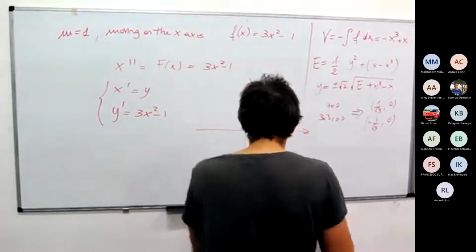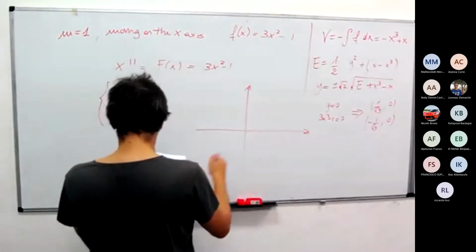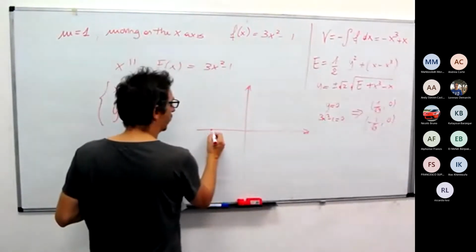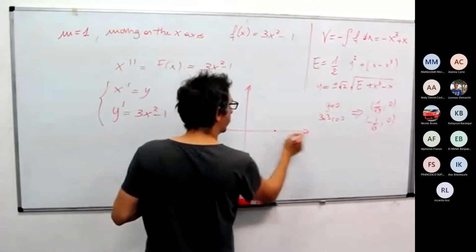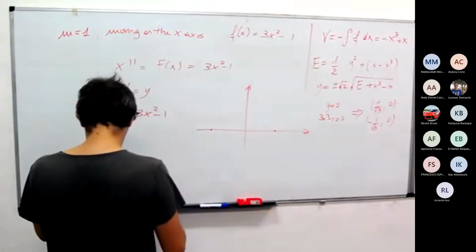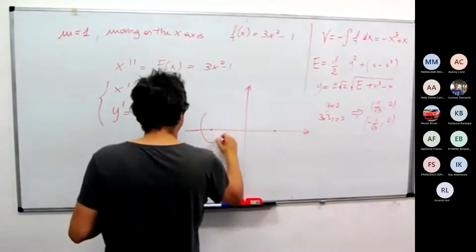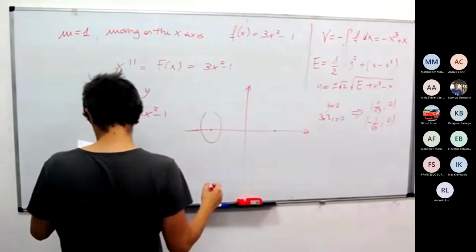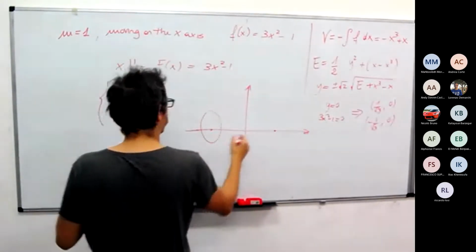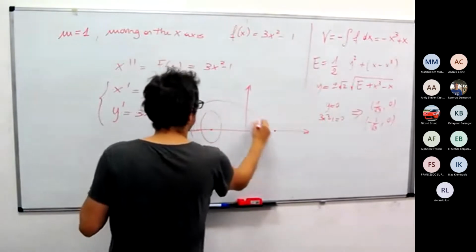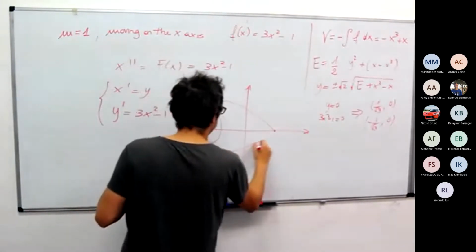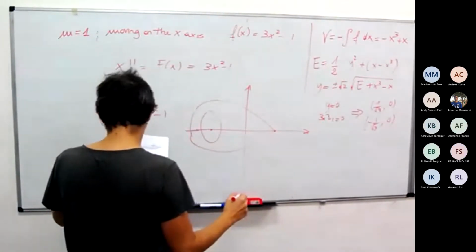And what I find is something like this. So this and these are the two equilibria. And then I have this. This.